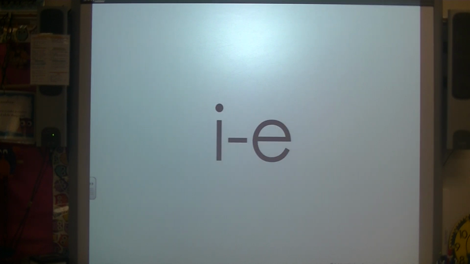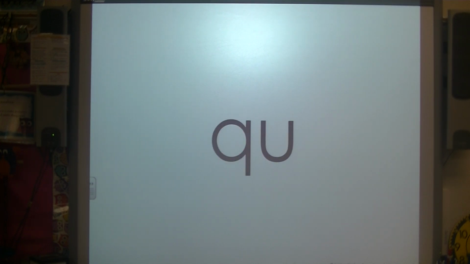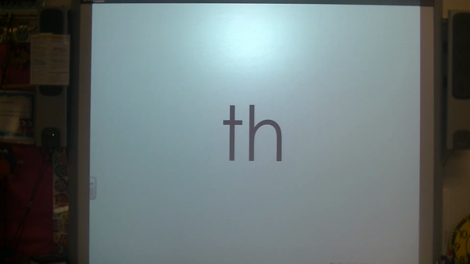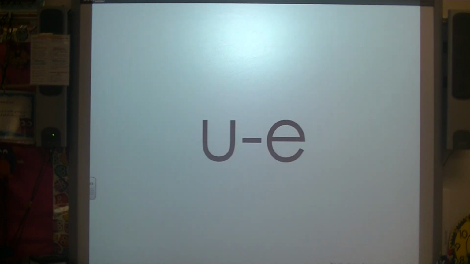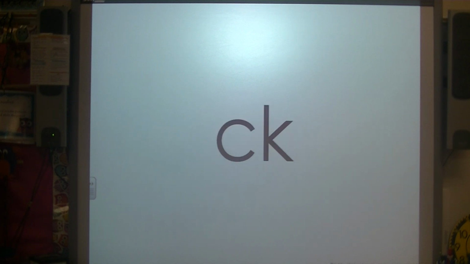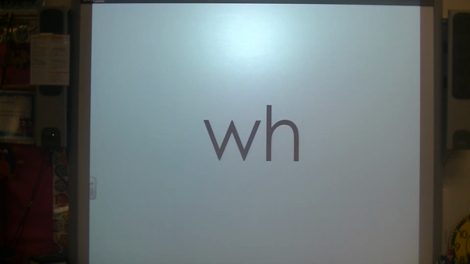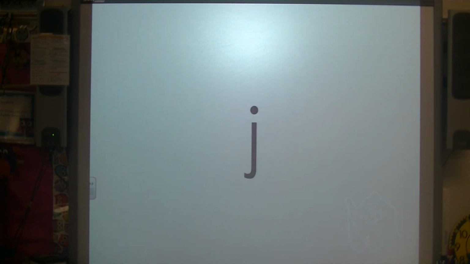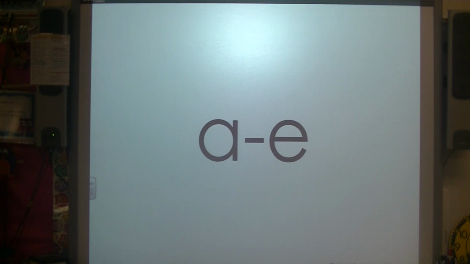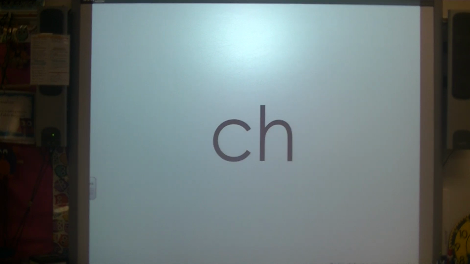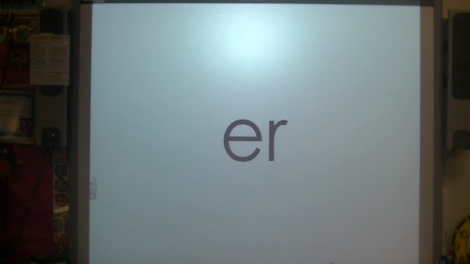I consonant E. Combination Q-U. Digraph T-H. P. U consonant E. Digraph C-K. W-H. Combination W-H. J. A consonant E. Digraph C-H. Combination E-R. Combination U-R. L. Combination A-R. X.